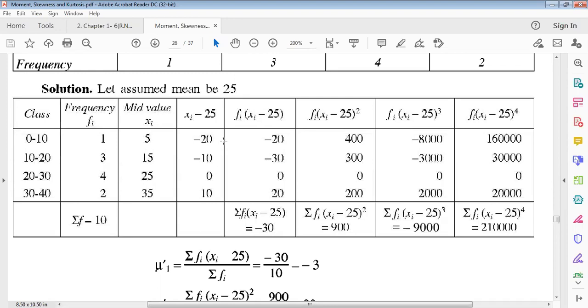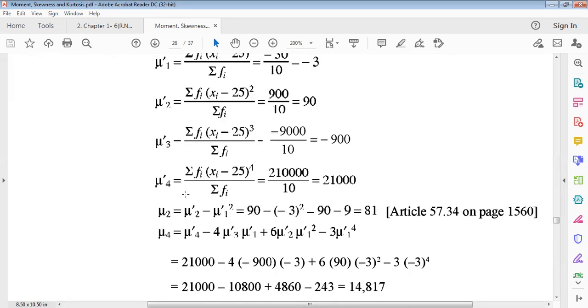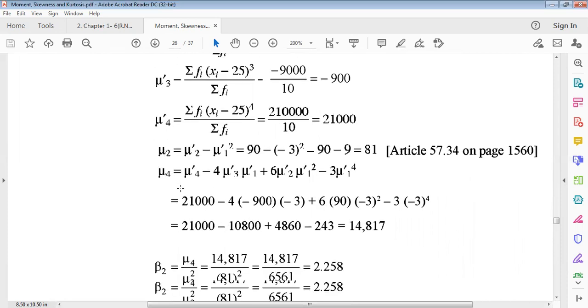Now proceeding with a similar process as in the first example, we can find the first to fourth raw moments using the same formulas. Using the relationship between raw moments and corrected moments, we can find the corrected moments. The first corrected moment is always 0, mu2 equals 81, and mu4 we get by putting in the values of the above raw moments.